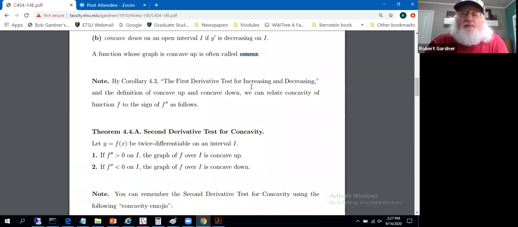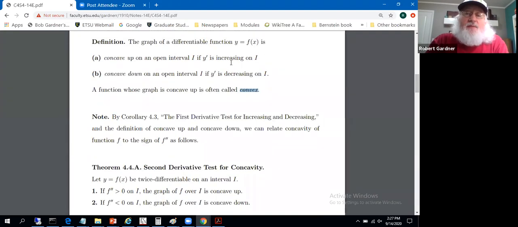By the first derivative test for increasing and decreasing functions, this was exactly something increasing and something decreasing. The something itself was a derivative. Well, the first derivative test tells us if a derivative is positive, then the thing is increasing. If a derivative is negative, then the corresponding thing is decreasing.